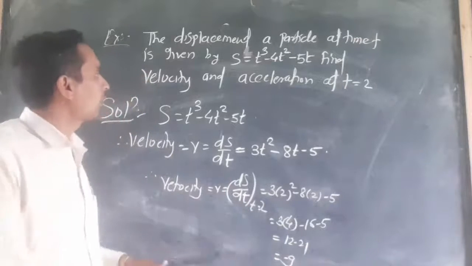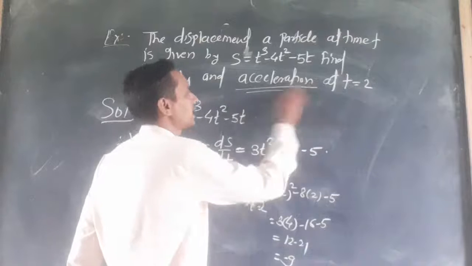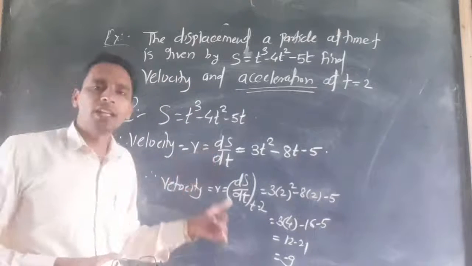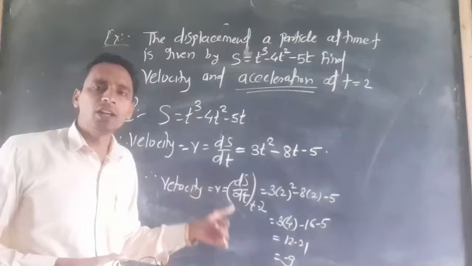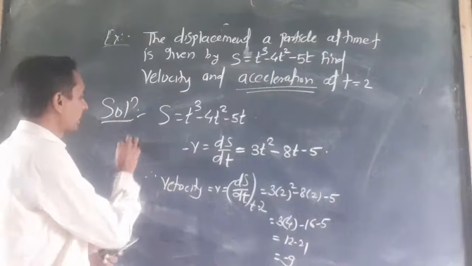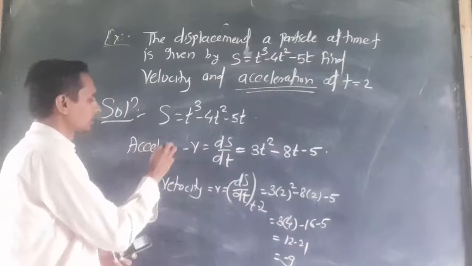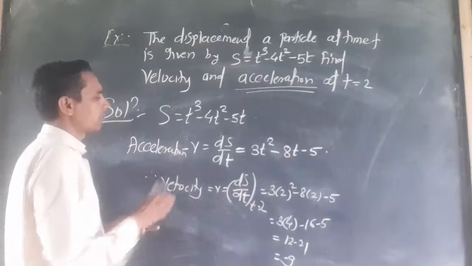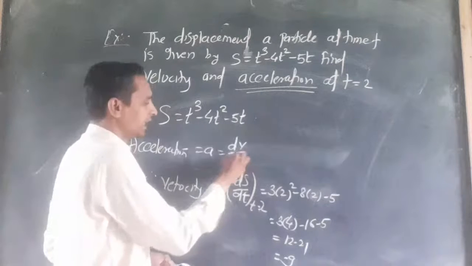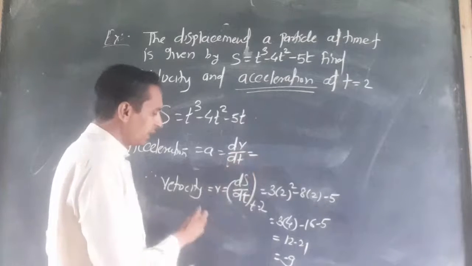Now, we have to find the acceleration. Acceleration means double derivative of displacement or derivative of velocity. Acceleration a is equal to dv by dt, means find the derivative of v.